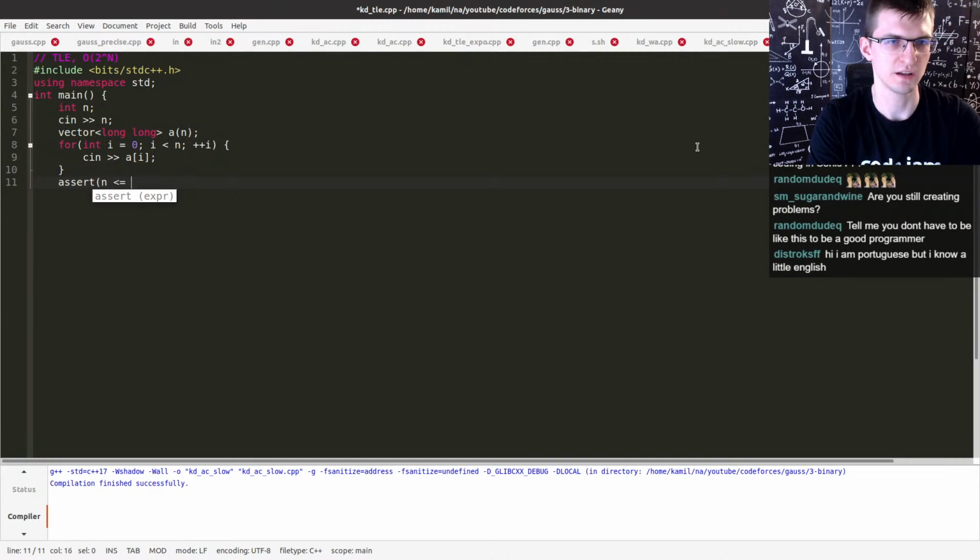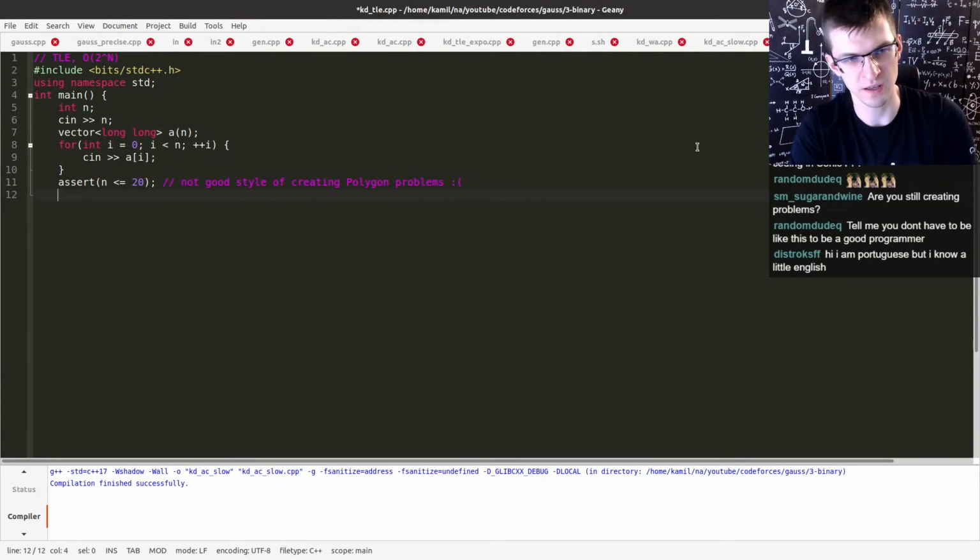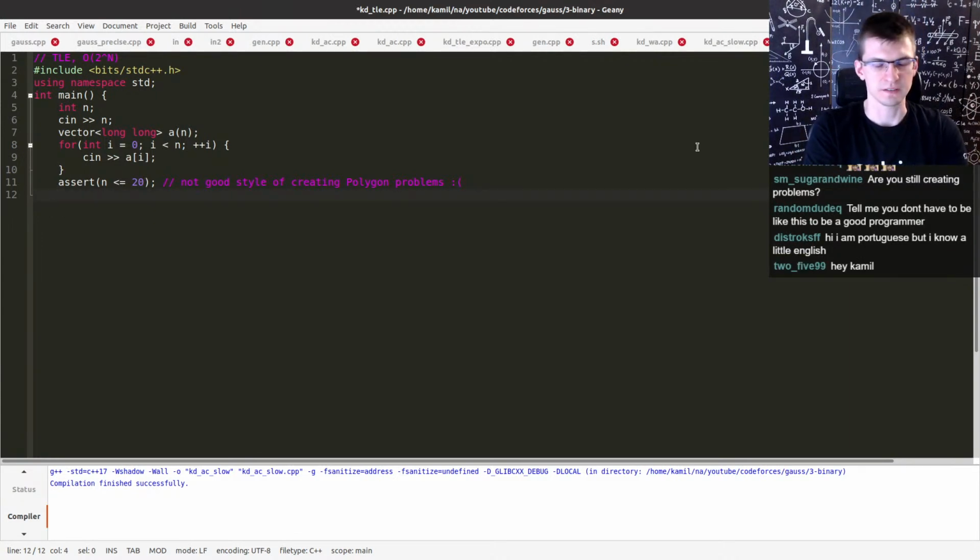So let's say this, and I will mark it as time limit exceeded in Polygon, but this is not good style of creating Polygon problems. This is just for my convenience. In Codeforces rounds, you shouldn't do it. There is some danger to that. If you have a slow solution, make it always either slow or working properly. Don't put extra asserts just because you want it to be faster.